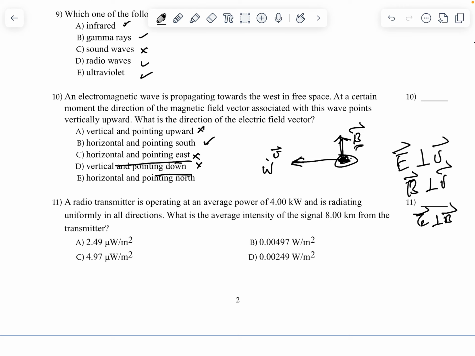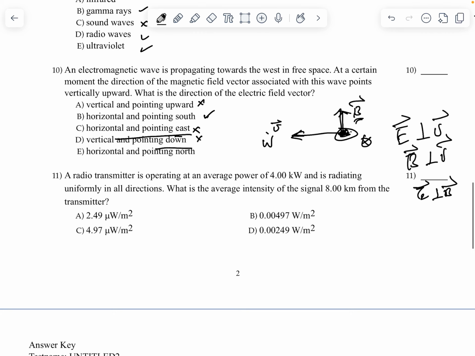Horizontal and pointing north: if left is west, pointing towards you is south, so this is not right by the right-hand rule.